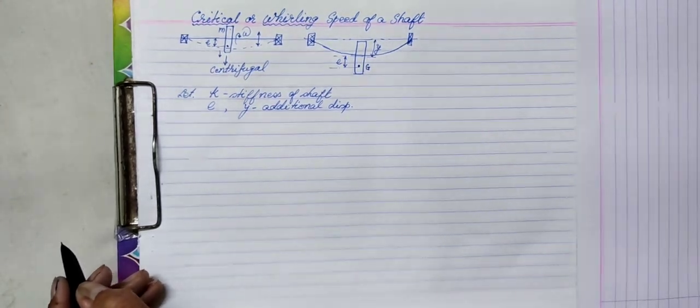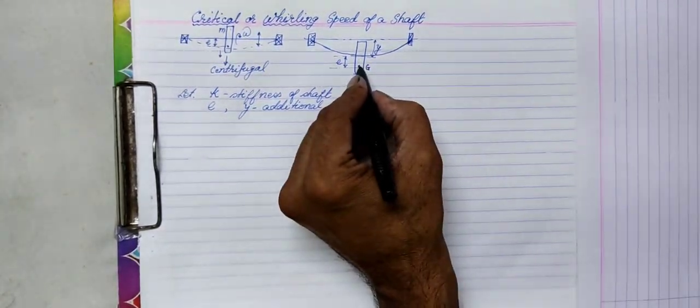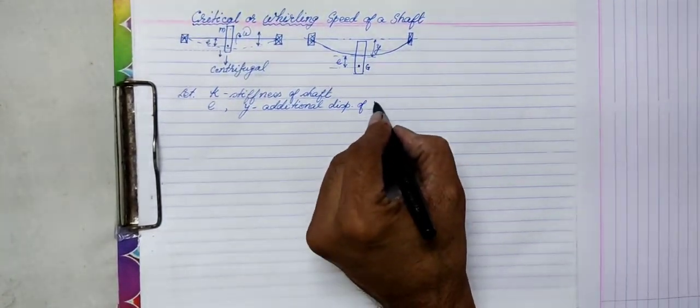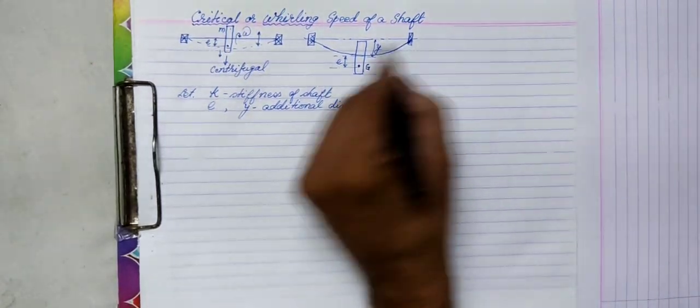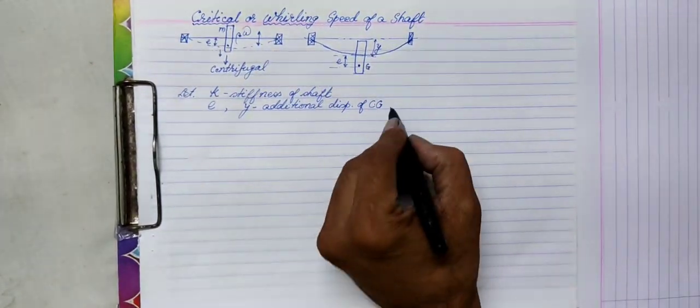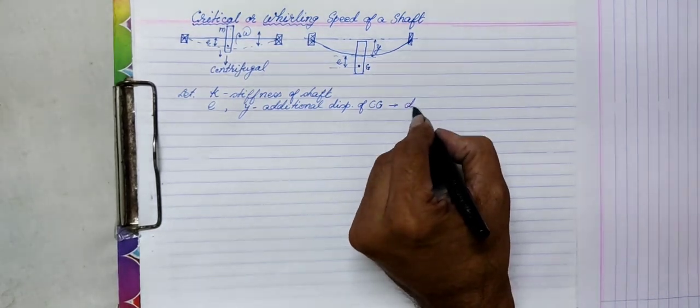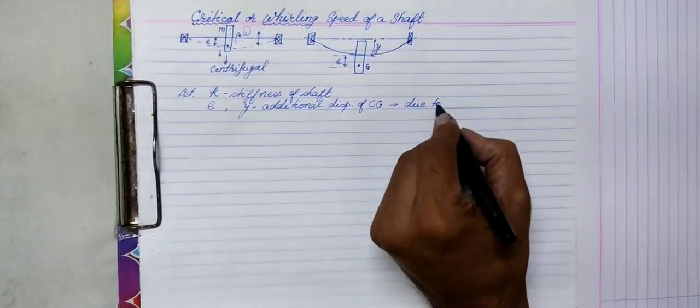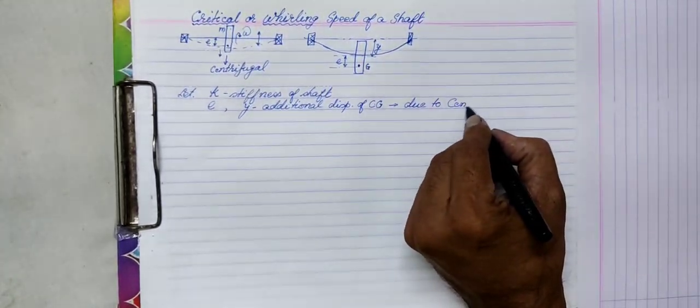It is the displacement of the CG from the axis of rotation, and this is happening due to centrifugal force.